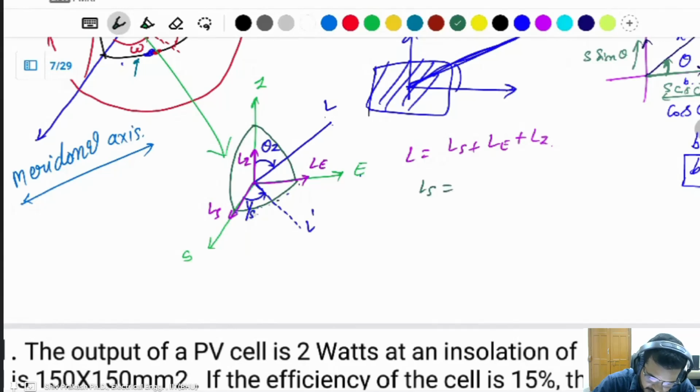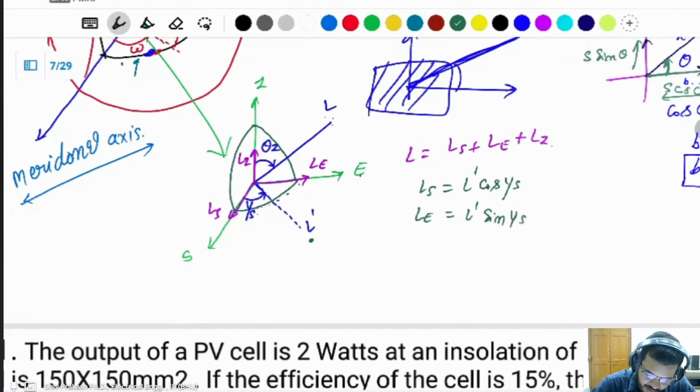Ls will be L dash, because I have taken this one as L dash only. Later I will measure the L dash also. L dash cos gamma s. And what is the east? Same thing, Ls to the east will be L dash sin gamma s.